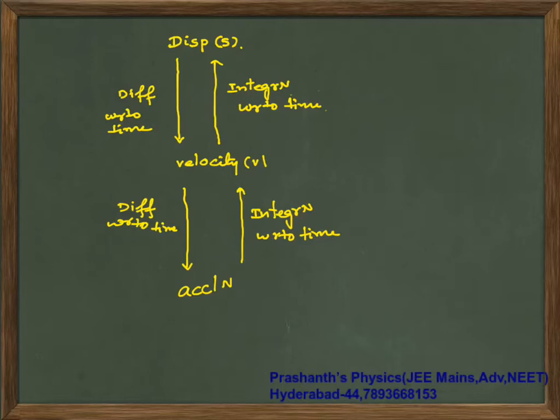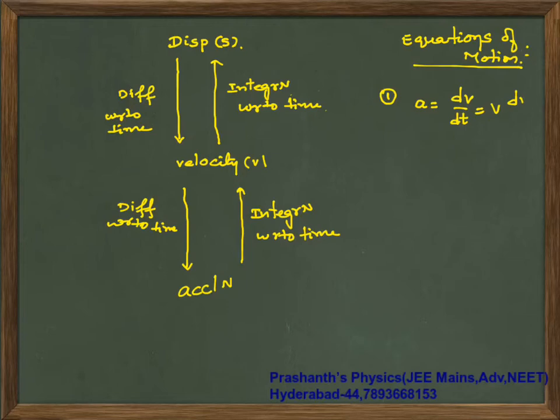Now how these are useful, I will tell you. In physics there are equations of motion. Many people will think v equal to u plus at, s equal to ut plus half at square, but those hold only when acceleration is constant. When there is variable acceleration, your acceleration is dv by dt or v dv by ds, and your velocity is ds by dt.